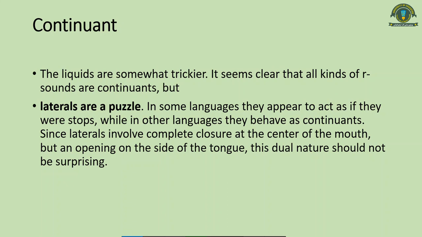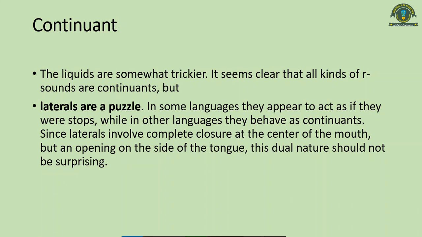So some people categorize laterals as continuants because in the production of laterals there is complete closure at the center of the mouth. No doubt, there is complete closure, but the air can still freely and continuously escape through the sides of the tongue, and this continuous airflow makes its categorization as continuant.